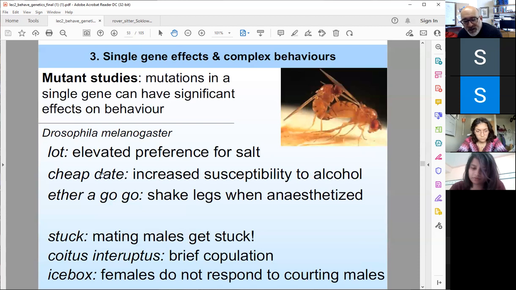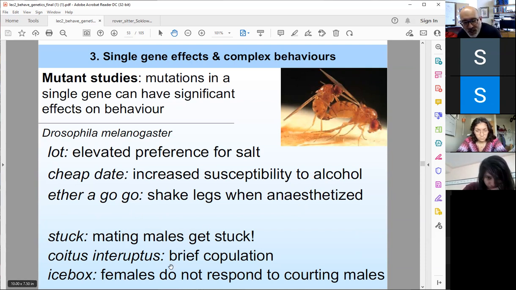This gene has actually been given the name Cheap Date, and this particular mutation leads to the flies having more sensitivity to ethanol. Etheragogo, these are silly names. This is a gene where, if there's a mutation, the legs will shake when the flies are anesthetized.